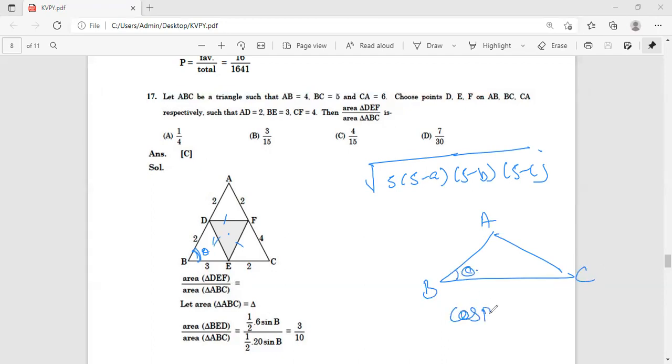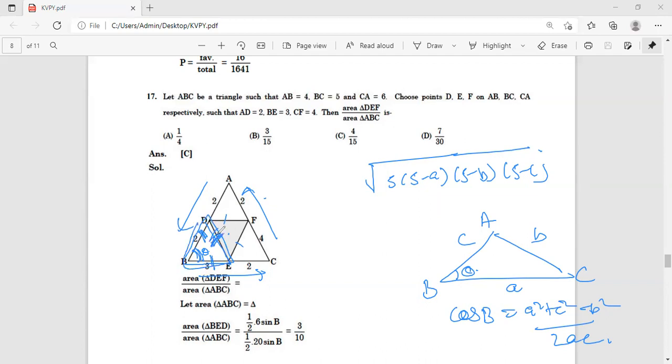Cos B is a square plus c square minus b square by 2ac. This is the cos rule. So you can find this angle using the sides, and since these two sides are given in this triangle, you can find DE. So you can find the sides also, similarly this side, but that is a longer way.